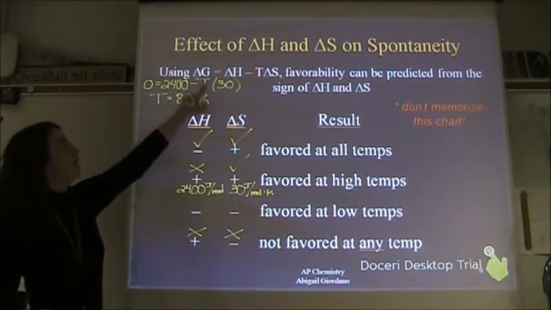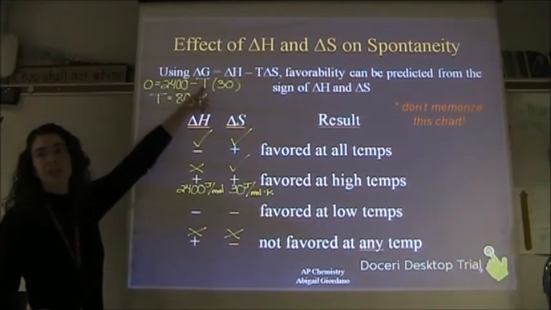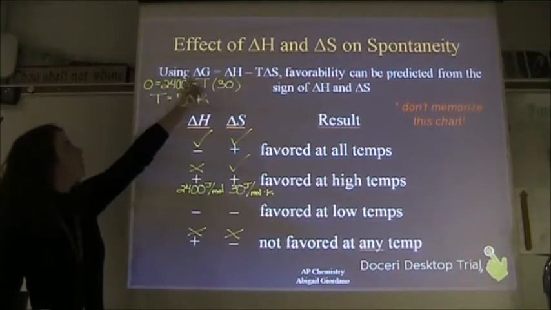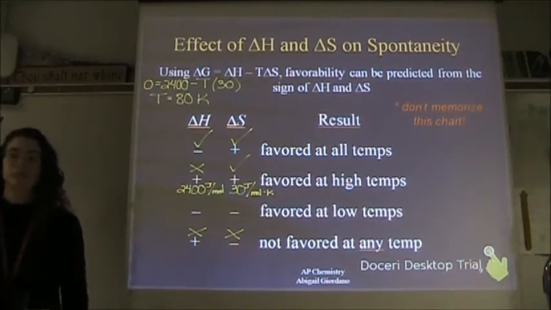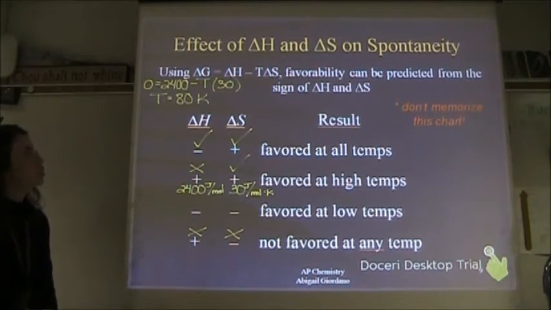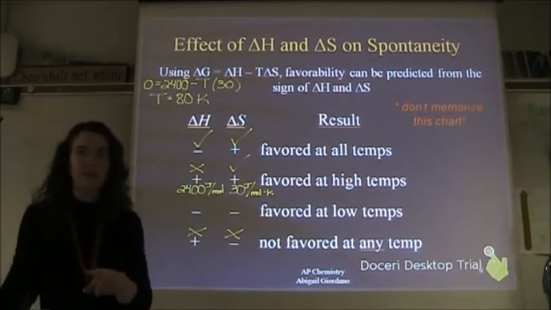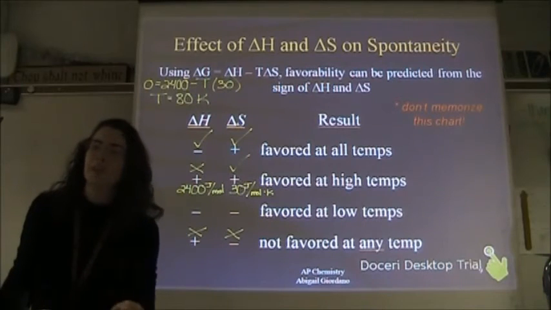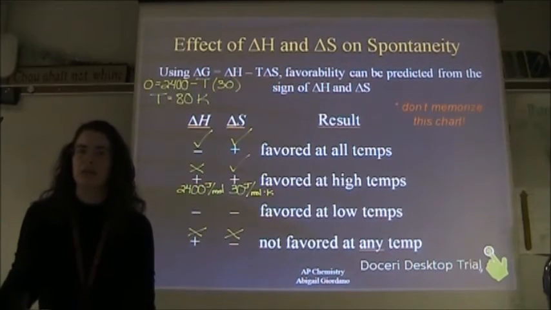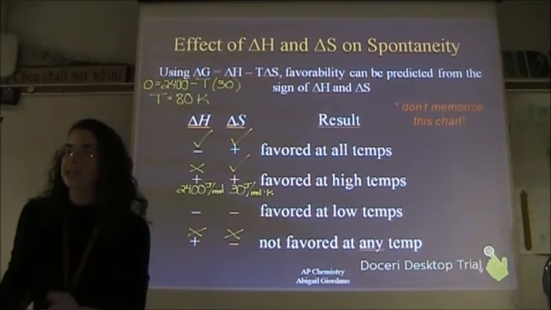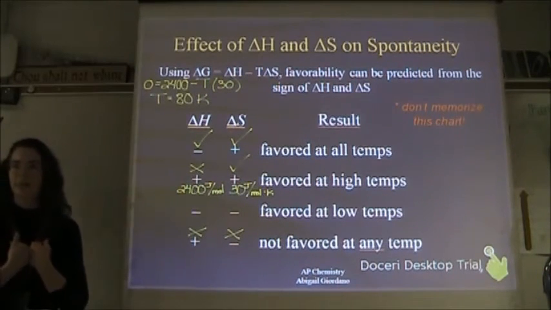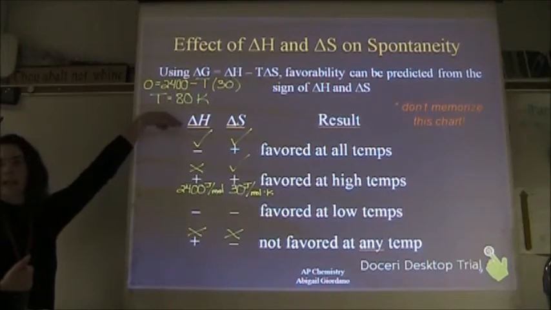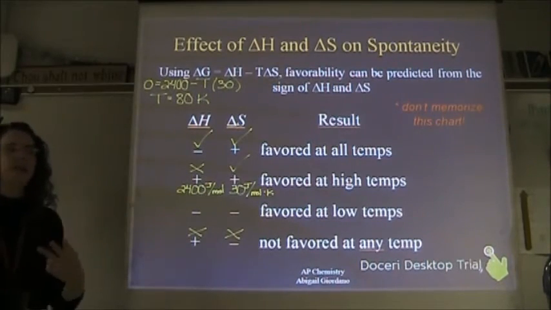If I plug in the number 1 for T right there, what does delta G come out to equal? 2370. Positive, right? Guys, what does a positive delta G mean to you? Not favored. We just plugged in a temperature below 80 and found that it means it's not favored.